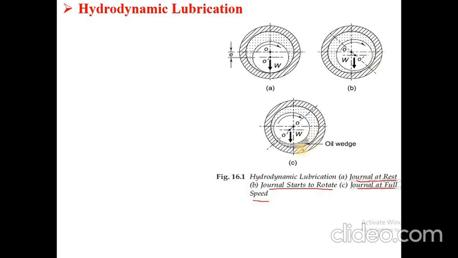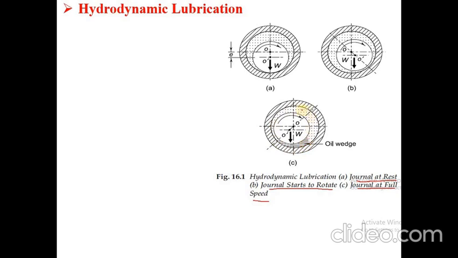In this figure you can see that as the speed increases, the shaft starts to climb over the surface of the bush and at the same time it forces the liquid to pass through the wedge shape. So this is the oil wedge formed.